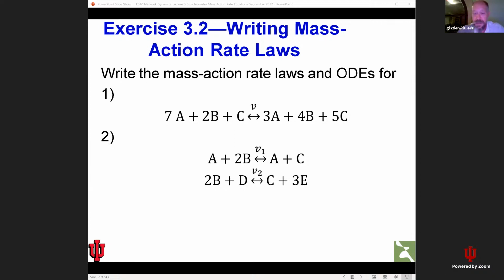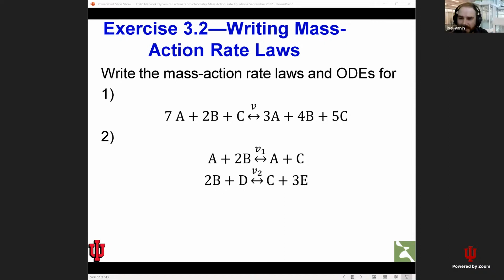That's the forward rate, plus 3 times a cubed times b to the 4th times c to the 5th. I'm getting this wrong. If I got that wrong, correct me. So I'm quite capable of doing it.